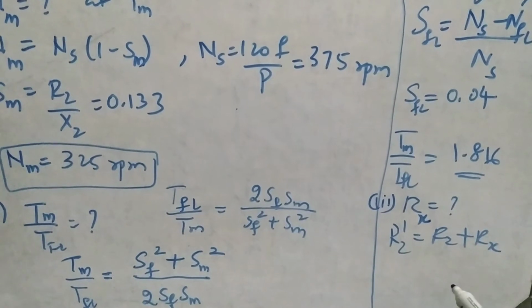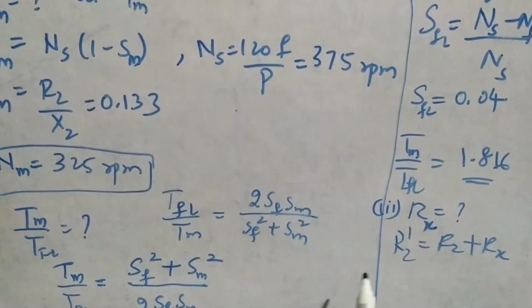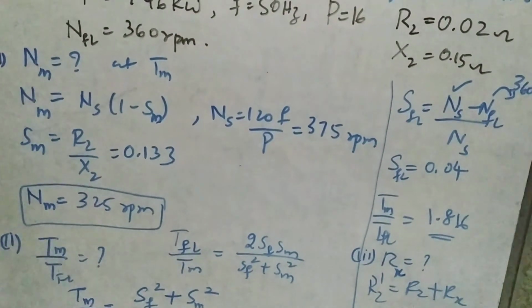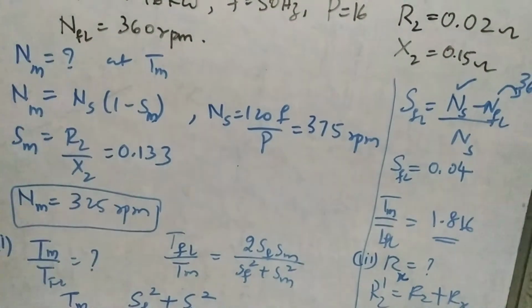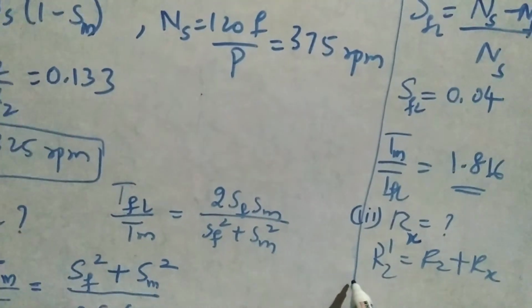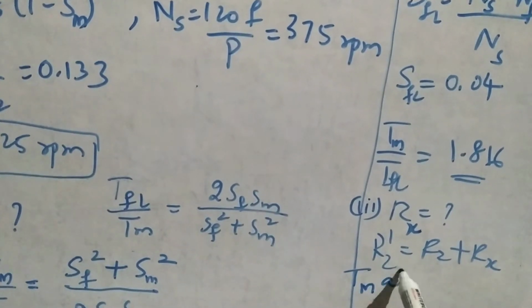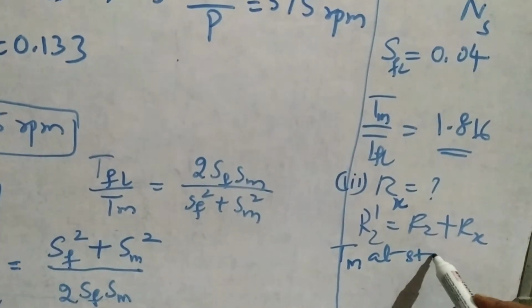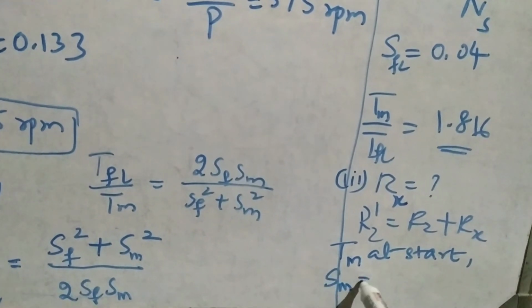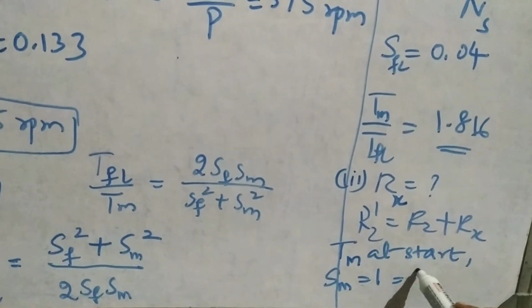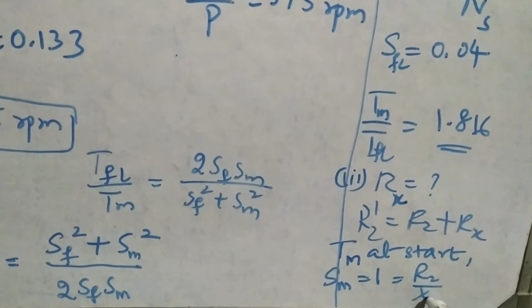In this case they have given a condition to get the maximum torque at starting. So maximum torque at starting means the Sm value will be equal to 1, which we know is equal to R2 by X2.